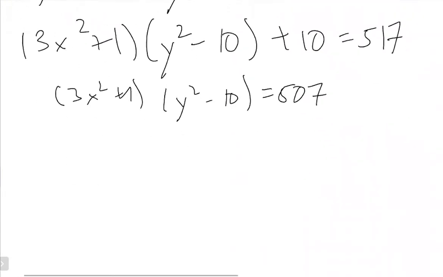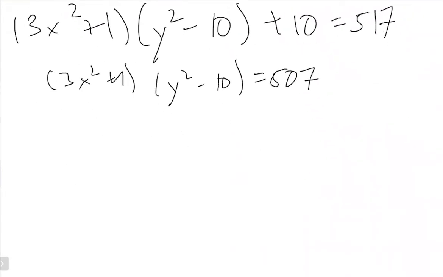And then the factors of 507 are, so 507 is equal to 3 times 13 squared, right? So first of all, we know that 3x squared plus 1 can't possibly be a multiple of 3, and 169 doesn't work either, because if you try 169 equals 3x squared plus 1, then x won't be an integer as it's in the problem.